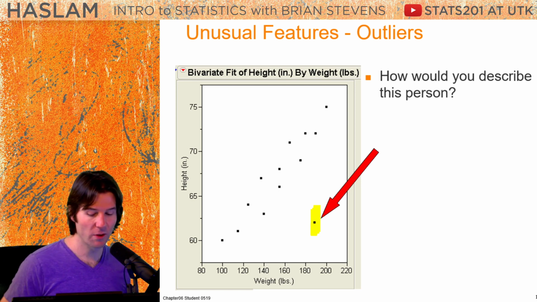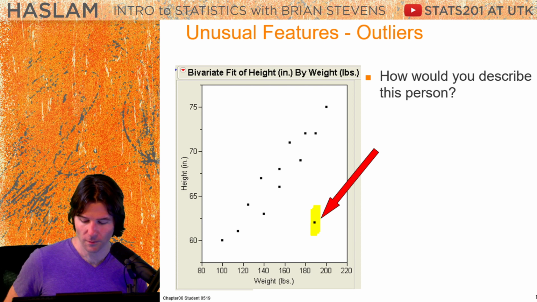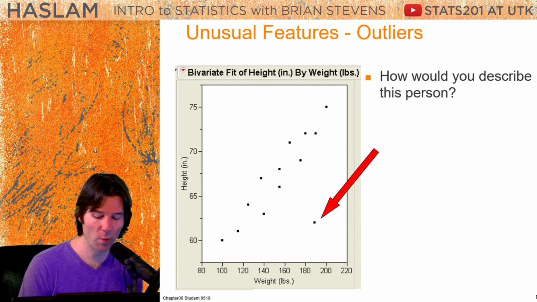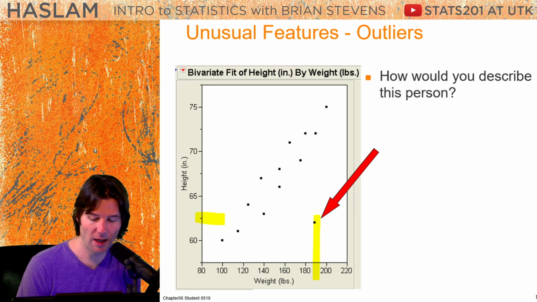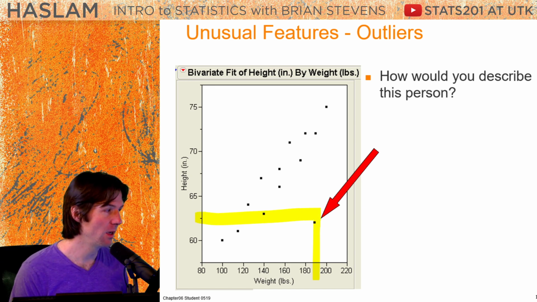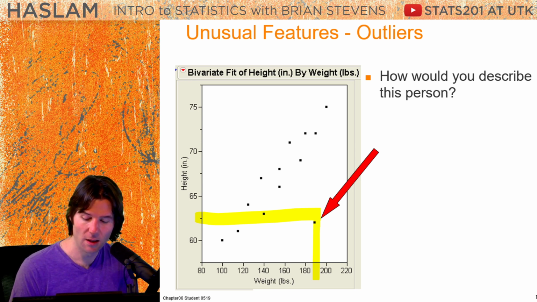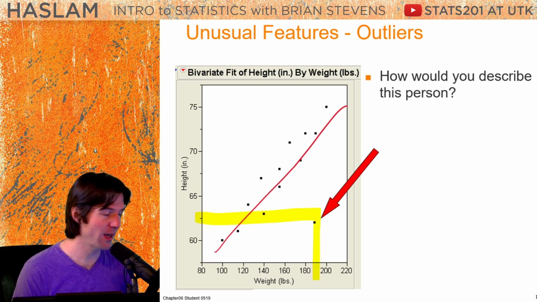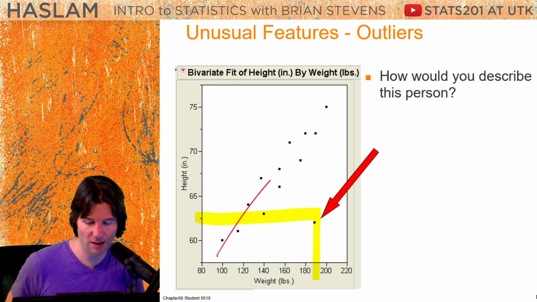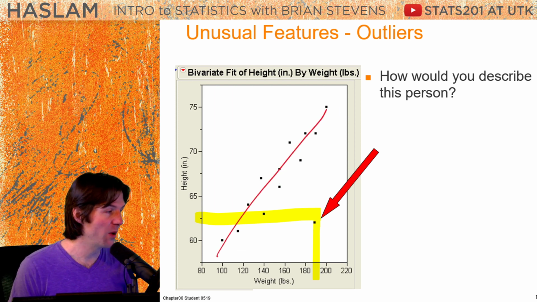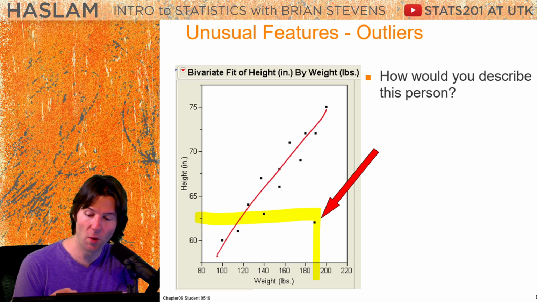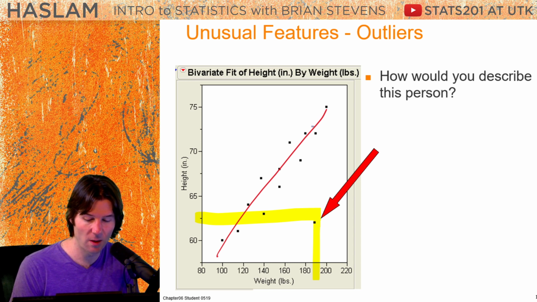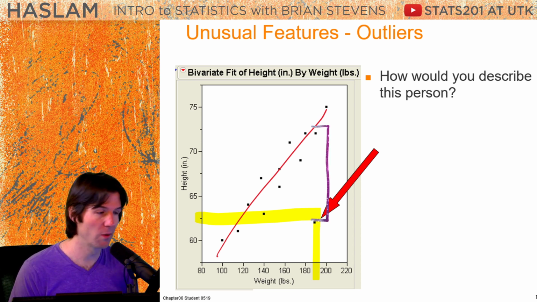So this person right here, who weighs 185 or so and has a height of around 5'2", is unusual because their height is a lot lower than I would expect it to be. They're going to have some sort of impact on this line. The line, it's close enough, but they are a lot lower than we would have expected them to be. We would expect them there. So they're far away from the linear form.